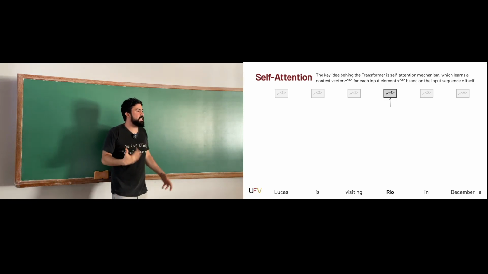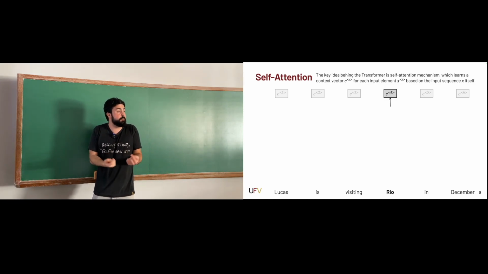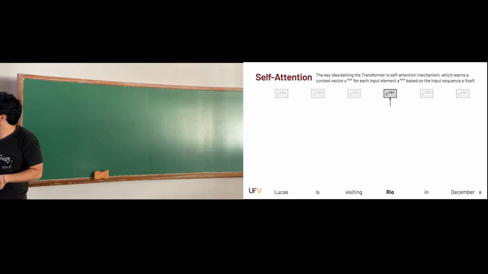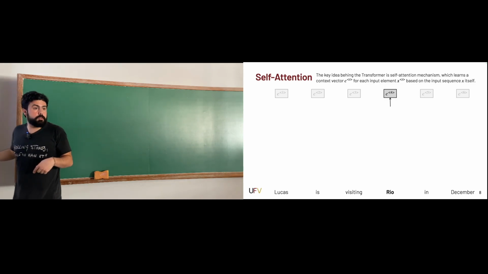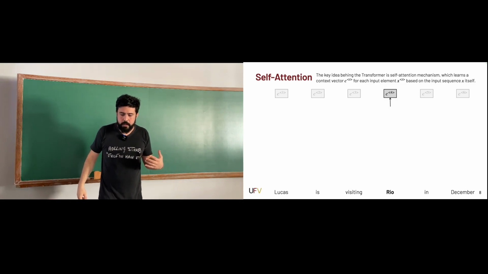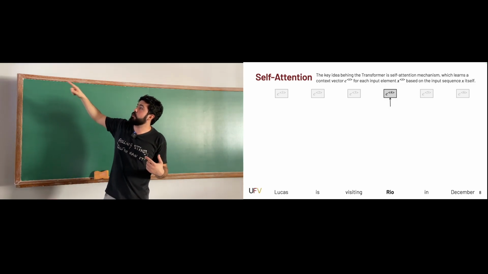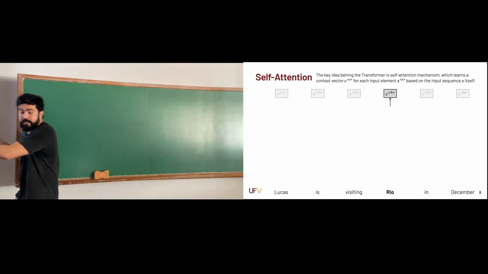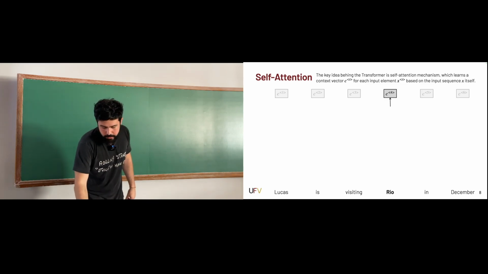The sentence is looking at itself. For example, the word Rio is going to be encoded by looking at all the other neighbor words. So it's going to learn that context vector for each input element xt based on the input sequence itself. That's why it's self-attention.